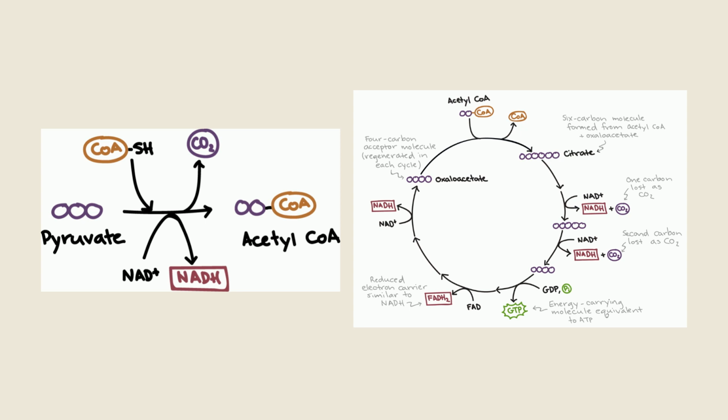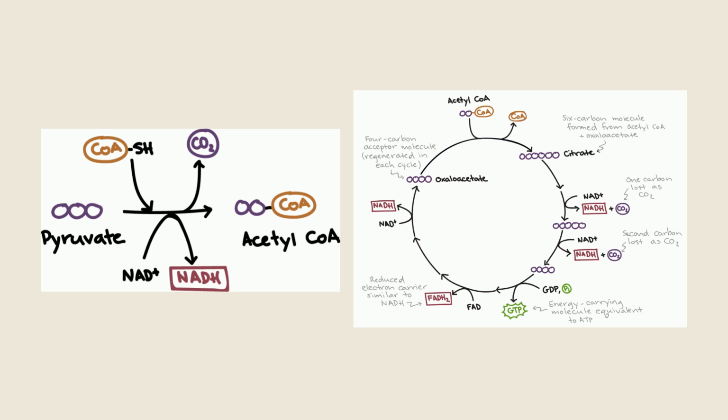And one carbon of the pyruvate will be removed, and this separated carbon will produce carbon dioxide. So coenzyme A will then join the two carbon molecule, forming acetyl CoA.